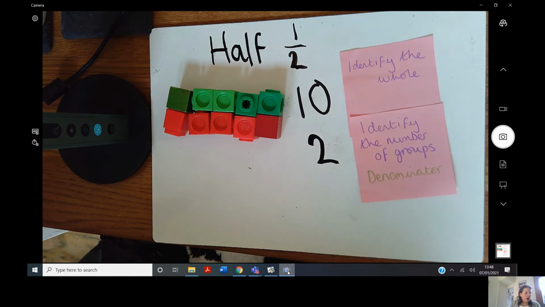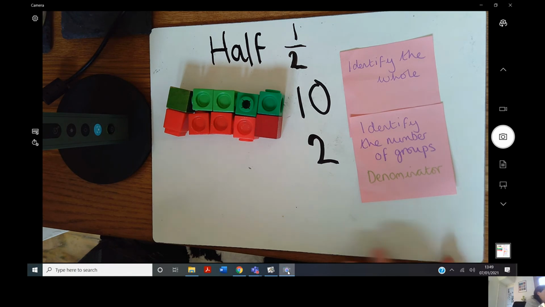So our 10 is our whole, and the number of groups is 2. We are going to be grouping our whole into this number of groups. So our whole is 10, and we are going to split that 10 between 2 groups.